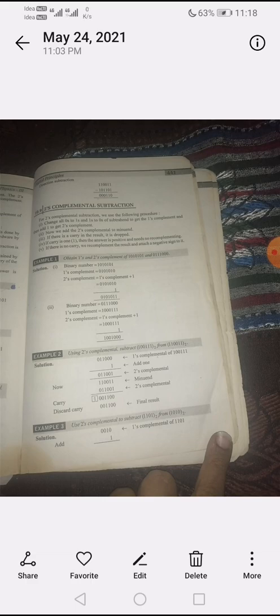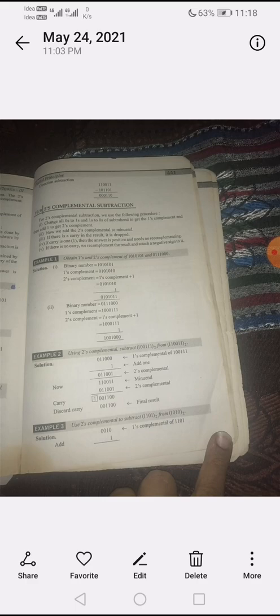So 1 plus 1 gives 0 with a carry 1. Again 1 plus 1 gives 0, and again the next carry 1. Then 1 plus 1 gives 0 with carry 1, 0 plus 1 gives 1, giving 1001000.